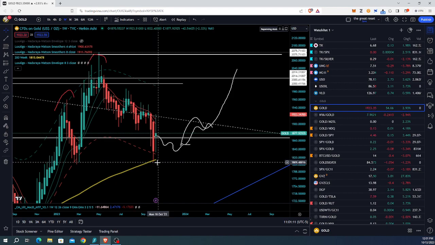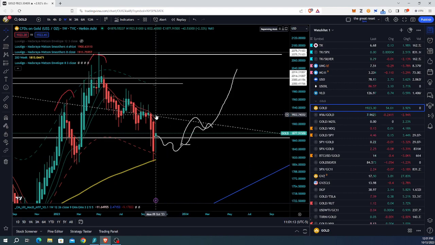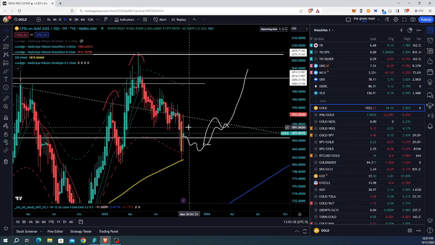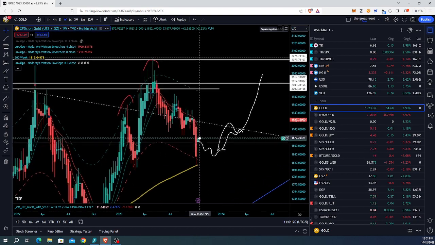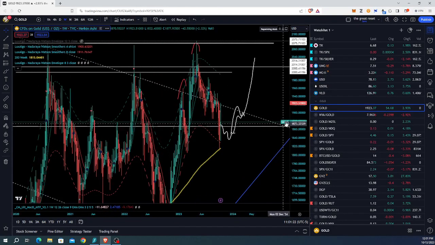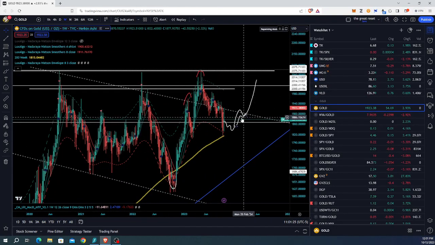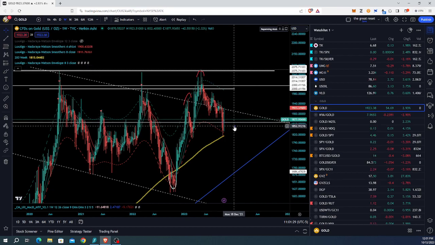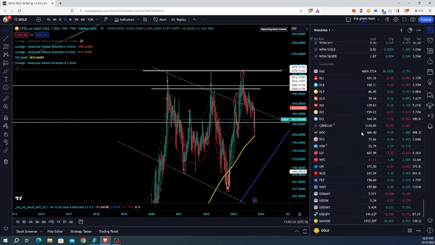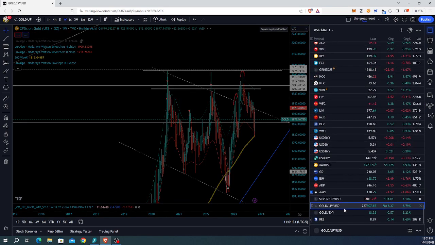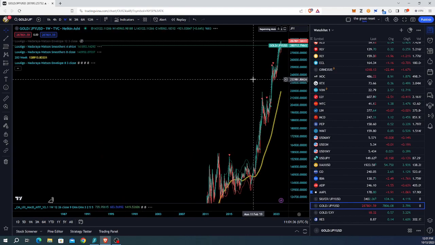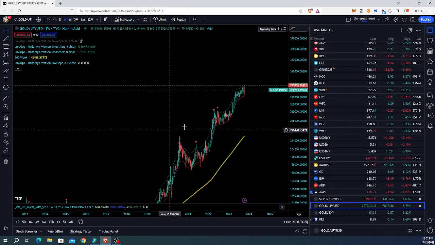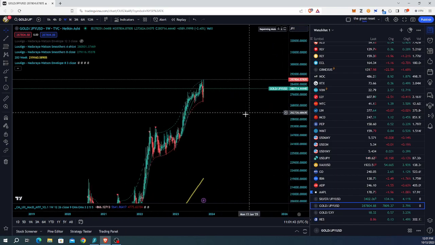So we did get a bounce at about 1800, and we wicked up to about 1900. So at least in dollars, we're kind of getting squeezed in between 18 and 19, and I think eventually gold is going to completely break out of this pattern, and we're going to see new highs on gold. If we look at gold priced in Japanese yen, for instance, we can already see that the breakout has already occurred.